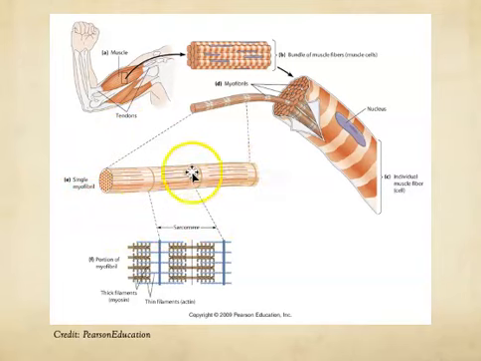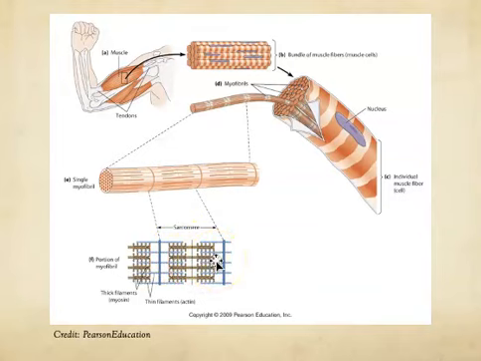Now, if I took this myofibril and examined it closely, it would look something like this. Along the length of the myofibril, I would see that very regular striping pattern. And under the microscope, I would see a combination of thick and thin filaments arranged in an overlapping, repeating pattern. This is what we call a sarcomere. So the sarcomere is made out of thick and thin filaments that overlap each other at intervals.